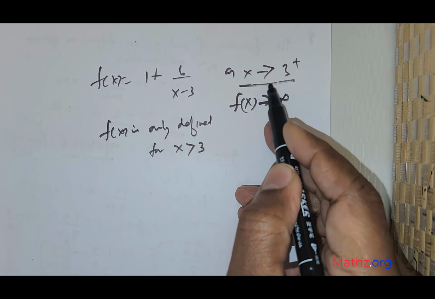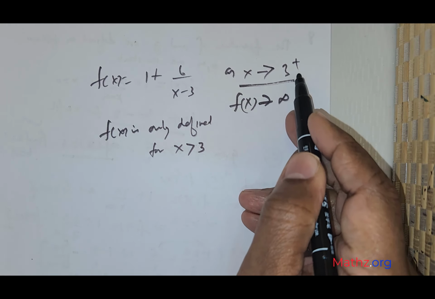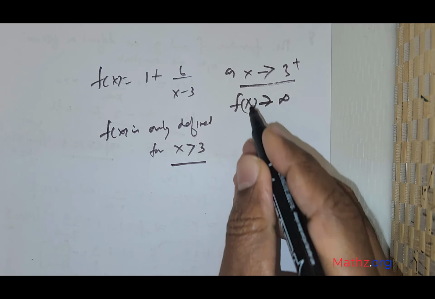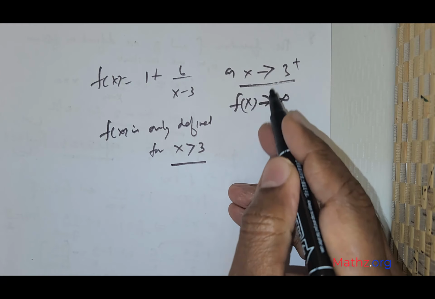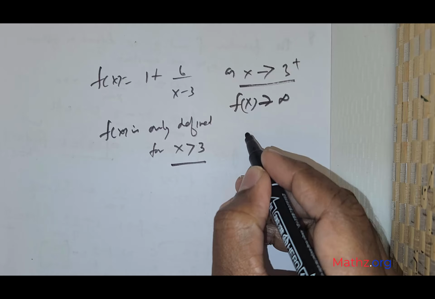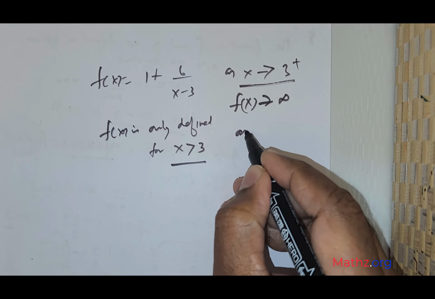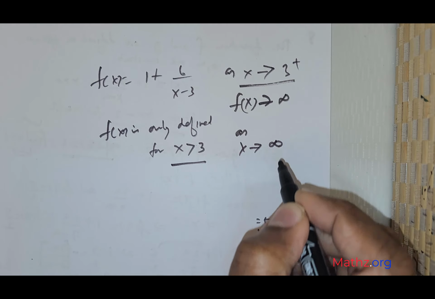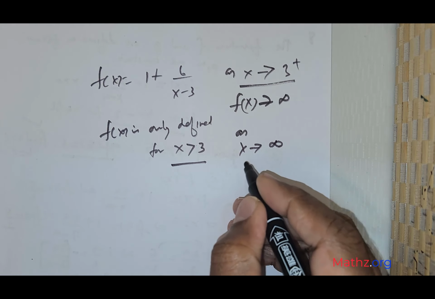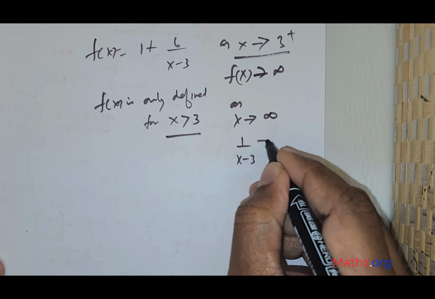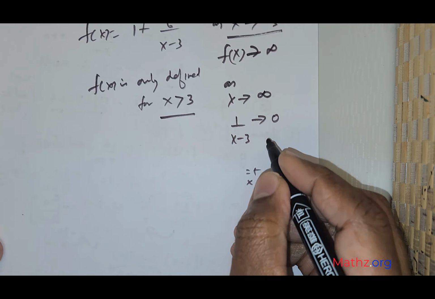Now, what if x tends to infinity? As x tends to infinity, 1 over x - 3 will tend to 0.